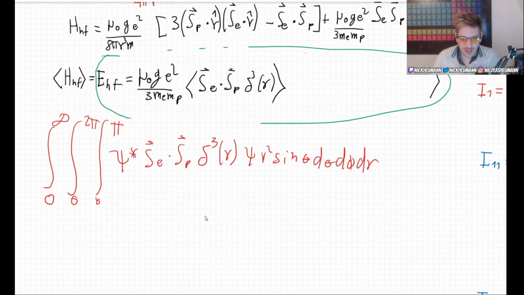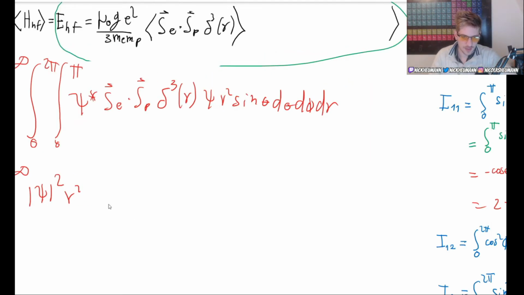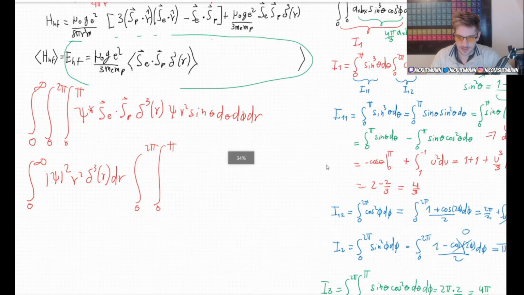So once again, let's separate the things that depend on r and those that don't. The r integral will have our wave function squared. Oh sorry, this time there is no division by r cubed, my bad. And then we have the delta function and dr. And then we have the rest of our stuff: integral from 0 to 2 pi, integral from 0 to pi, then S_E dot S_P, sine of theta d theta d phi.